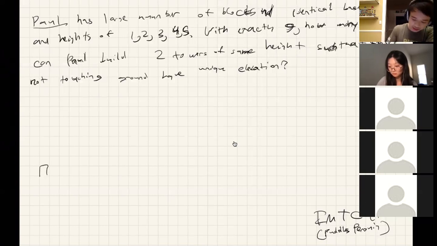Basically, you want the bases that are not touching the ground to have elevations above the ground that are distinct from each other, right? So having something like this, I guess, something like this.